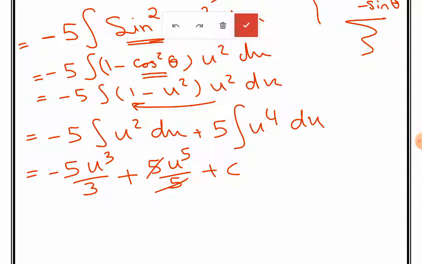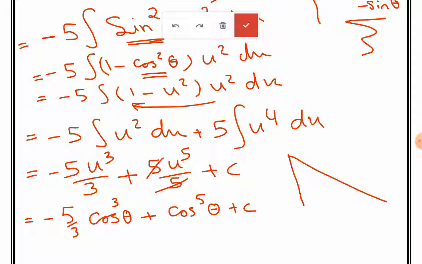Okay, we should return back, guys, this to its original. How? We know that u is cosine, so it's negative 5 over 3 cosine cubed theta plus cosine to the power of 5 theta plus c. And to return again this to its original variable, which is x, we will draw a right triangle and here theta, and from the beginning we will let x equal sine theta.